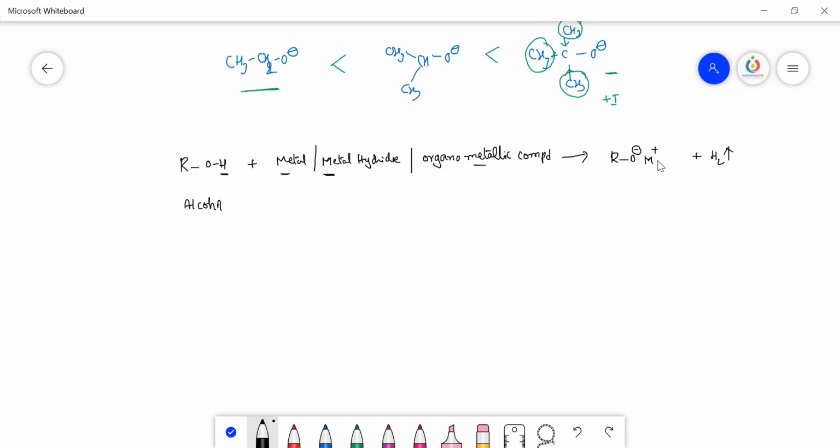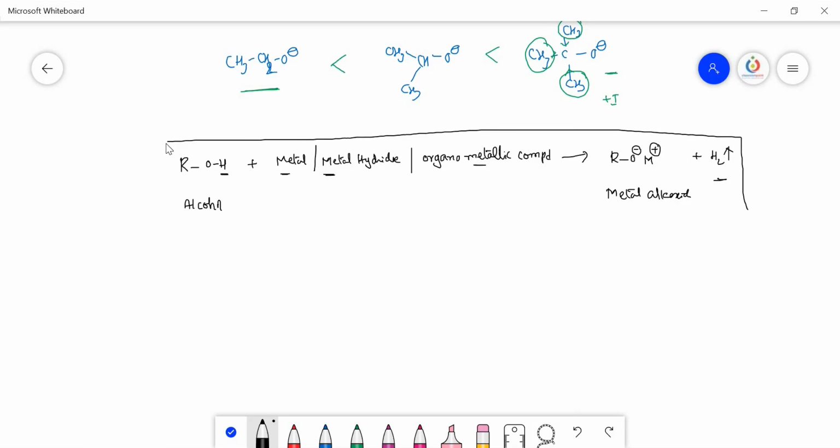The metal alkoxide depends upon the charge of the metal; if there are two charges, two alkoxide ions will be there. So this is the metal alkoxide and the hydrogen gas. Any compound that, after reacting with the metal and its respective compounds, releases hydrogen gas is said to be an acid. This is the important reaction for you. Only this much you remember.